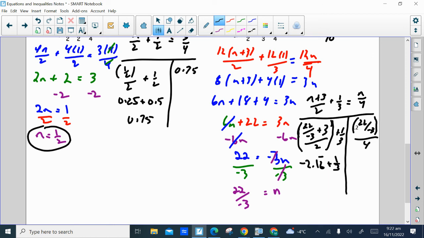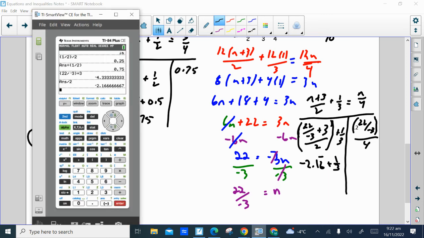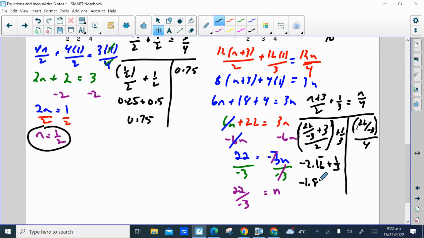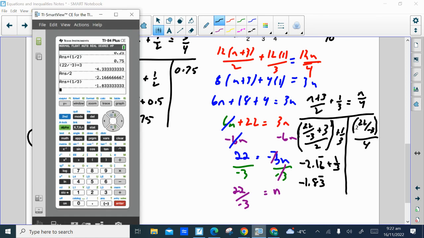But then I'm going to use my calculator to add 1/3 to it. So plus, in brackets, 1 over 3. And it gives me negative 1.83 repeating. And that's okay, because we should get the same answer on the right side, which is 22 divided by negative 3.